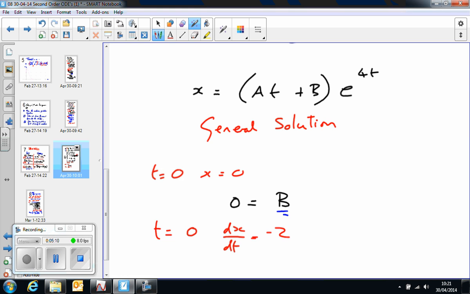Because b is 0, it becomes more straightforward to differentiate because I can get rid of the b term in here. I'm just left with at e to the 4t.